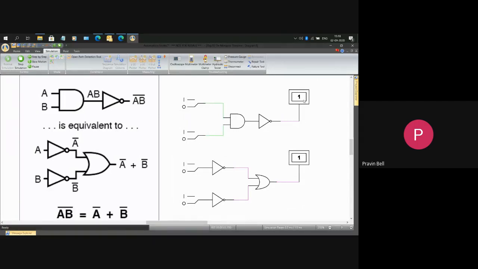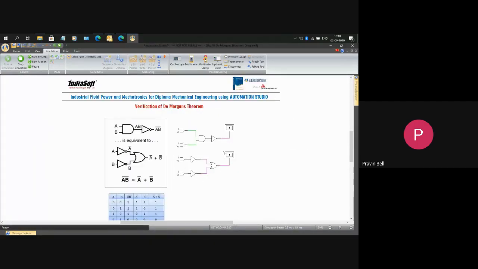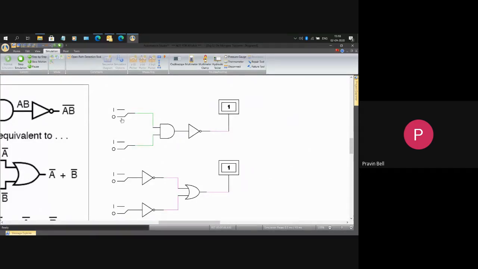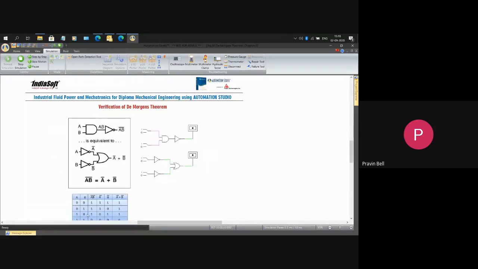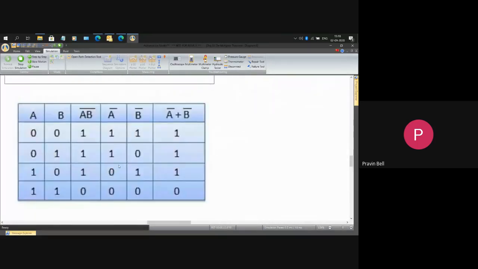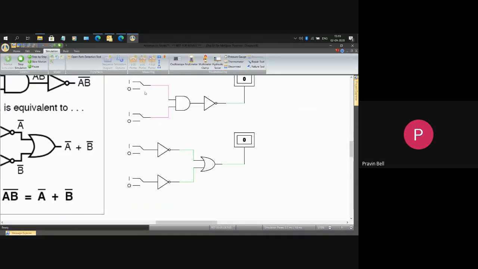So for 0, 0, the output is 1, 1. You can cross-check the truth table. If you say 1, 1, again the output is 1, 1. Then you change the inputs. So circuit 1 is equal to circuit 2; the outputs are the same. You can do an entire truth table verification of De Morgan's theorem by operating these inputs.